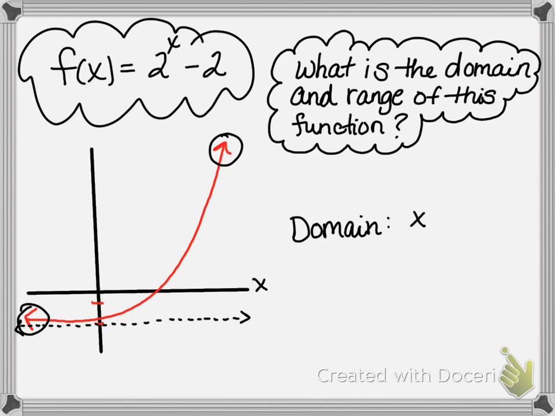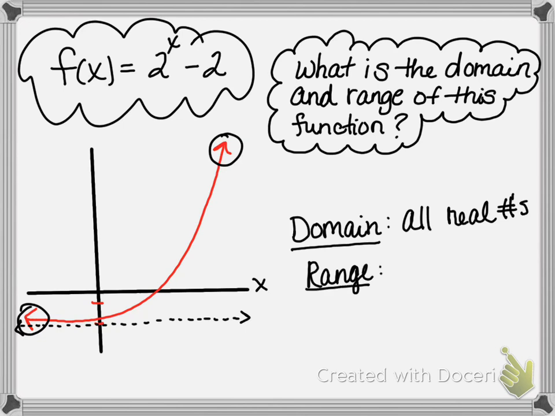It's pretty much whatever x value I want it to be. So if there's no boundaries, it's all real numbers. If you like to do negative infinity less than x less than positive infinity, that's fine too. All right. The arrows give it away for the domain.